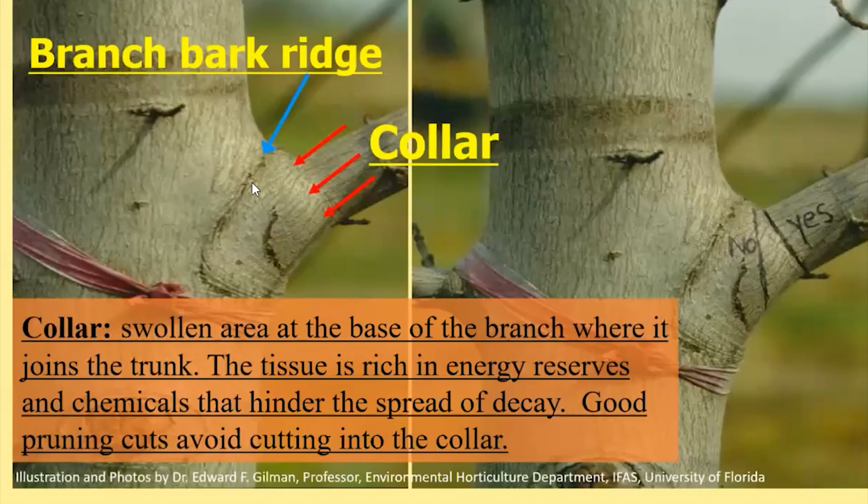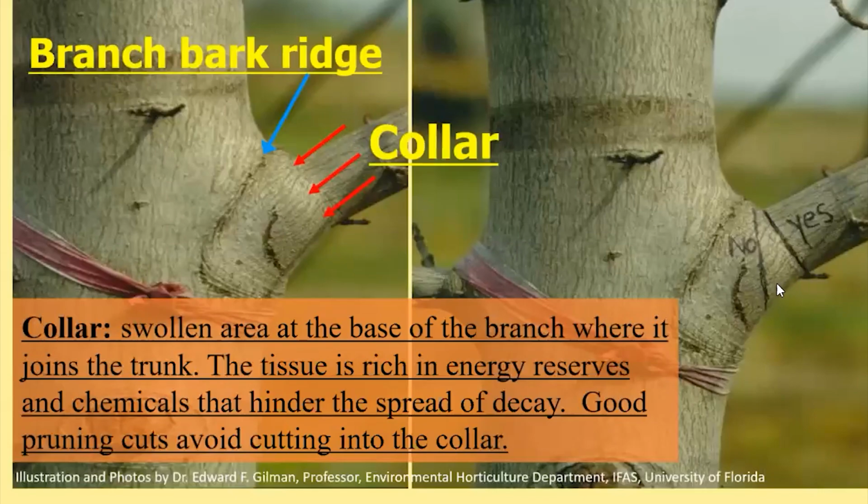Once you locate the branch bark ridge, move toward the stem. In this example, you see a swollen area, and that's where the collar is. We advise cutting beyond the collar along the line and not cutting into the collar.